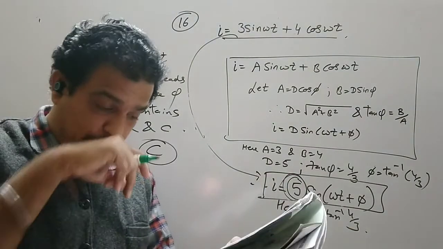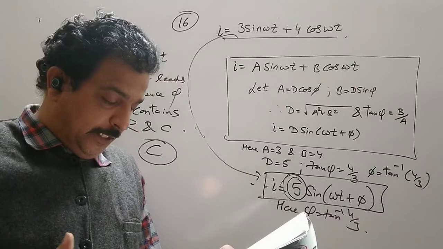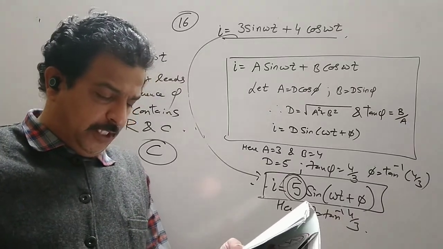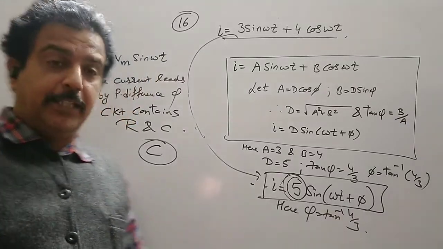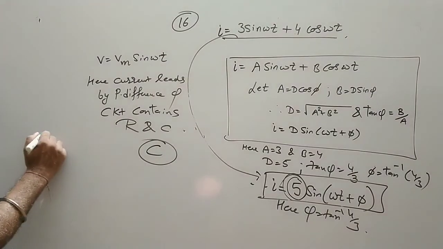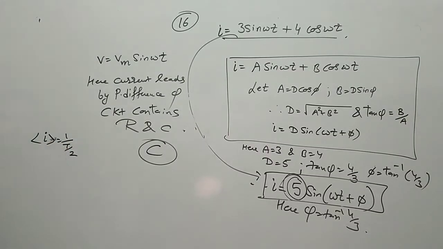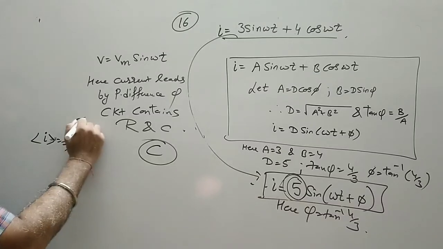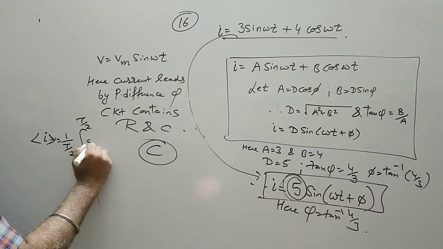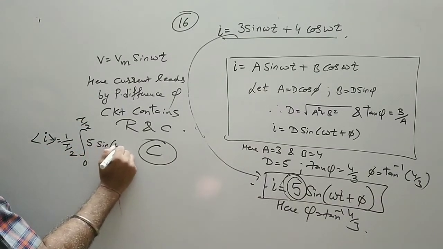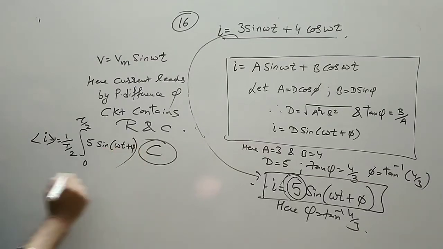Also, if you want to check the second option, that is the mean value of this current in half period will be 6 upon pi. In that situation you have to do the integration again. The average or mean value for half cycle is 1 upon T by 2, integral from 0 to T by 2 of 5 sine of omega t plus phi.